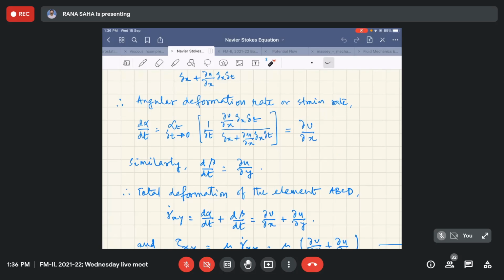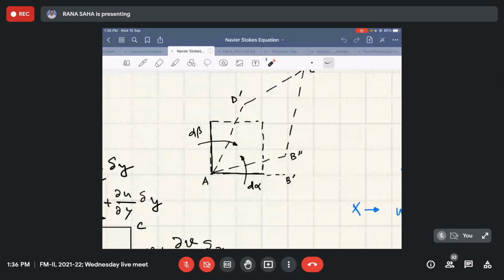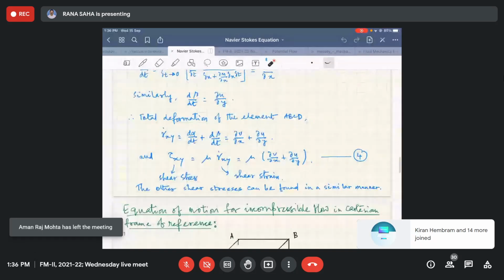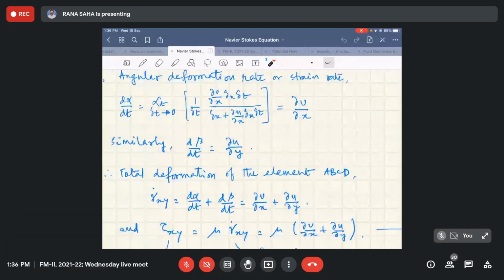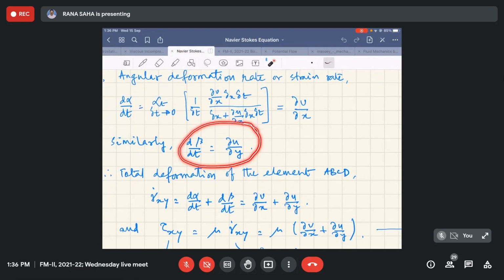This alpha and beta we have shown here, this is d alpha in this direction, and this is d beta. Both can be expressed in terms of the respective velocity gradient, and mathematically it can be shown that this d alpha dt, the rate of change of angular strain, is del V del X, and similarly this d beta dt will be del U del Y.